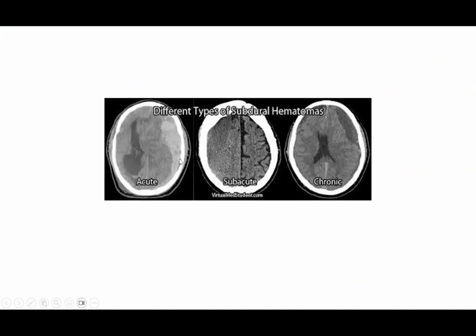Presentation will be more or less the same as the epidural hematoma. However, the symptoms will occur over a more prolonged period.